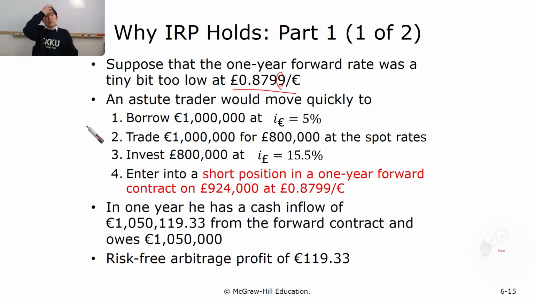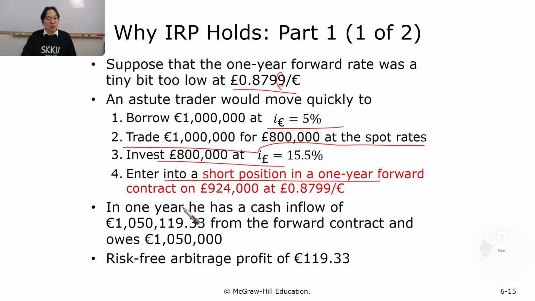Then an astute trader would move quickly to borrow 1 million euro at 5%, and then trade for British pound, 800,000 pounds at spot rates, and invest in British Consul at 15.5%, and enter into a short position in a 1 year forward contract on 924,000 British pounds.